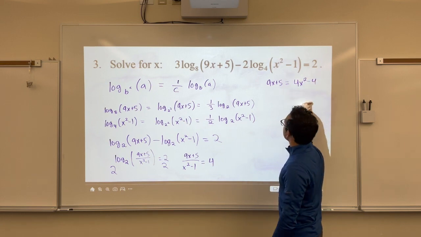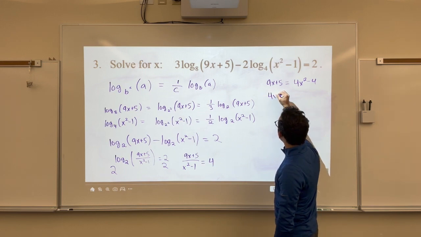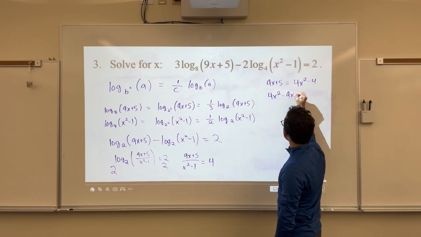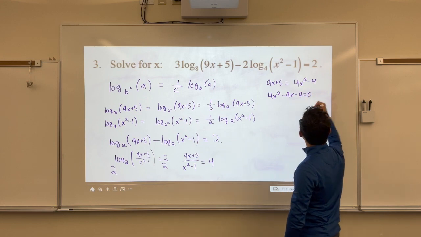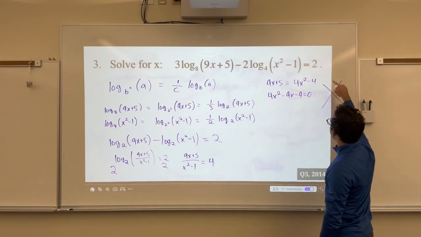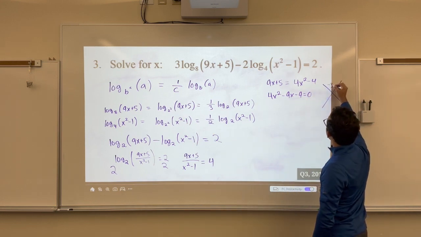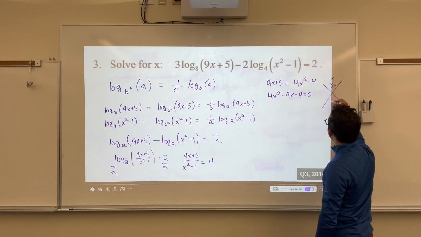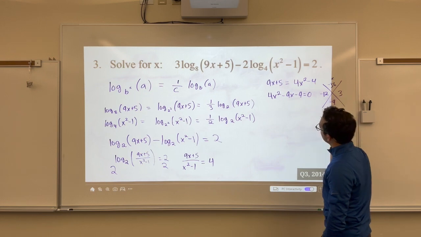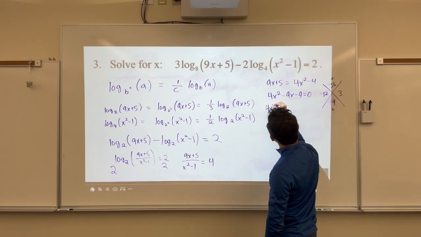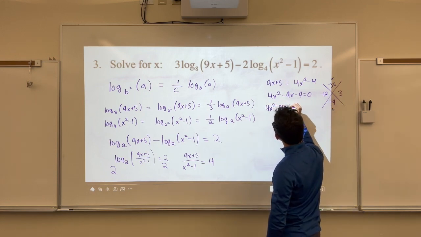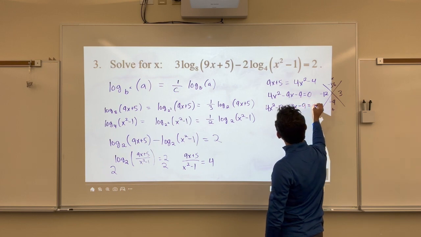And then because this is a quadratic, we're going to want to get everything on one side. So we will say that 4x squared minus 9x minus 9 equals 0. If we have our factor x, we want two numbers that multiply to negative 36 and add to negative 9. And that would be negative 12 and positive 3. So we end up having 4x squared minus 12x plus 3x minus 9 equals 0.